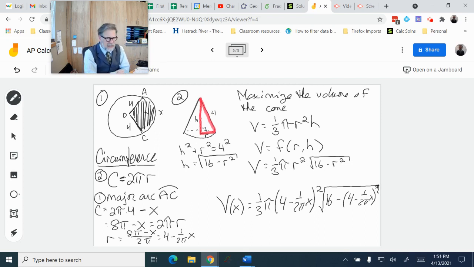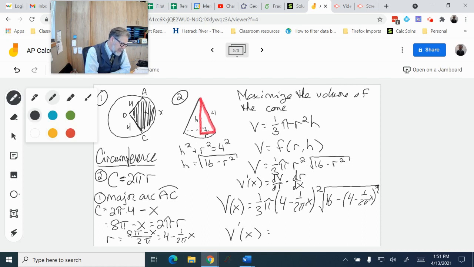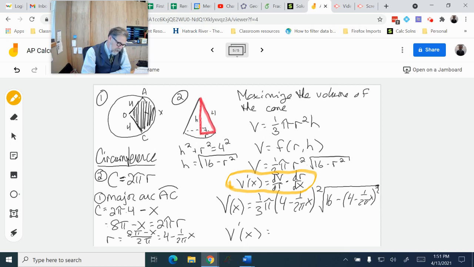It's fairly complicated looking, but we could find the derivative of that. Or we could say that the derivative of this with respect to x is the derivative with respect to r times the derivative of r with respect to x, which might actually be significantly easier because the derivative of r with respect to x is very straightforward, -1 over 2 pi.